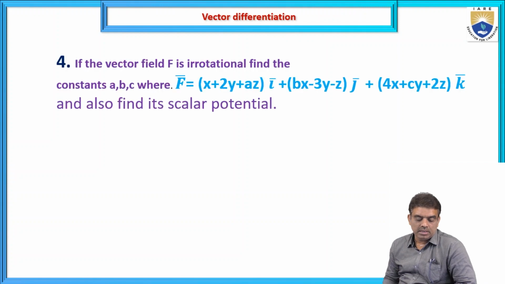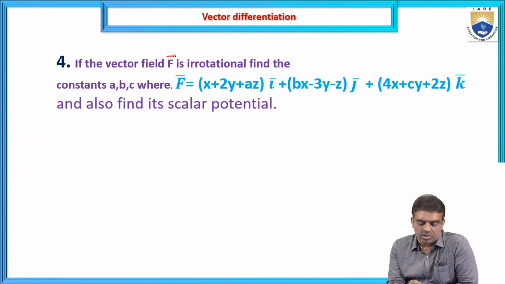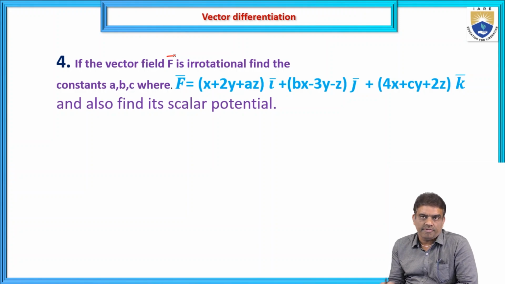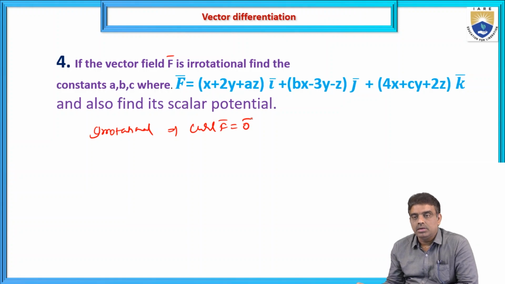Now similarly, the fourth problem, the last problem. If the vector field f̅ is irrotational, find the constants a, b, c, where f̅ is given by this vector. Irrotational means curl f̅ is equal to 0 bar.